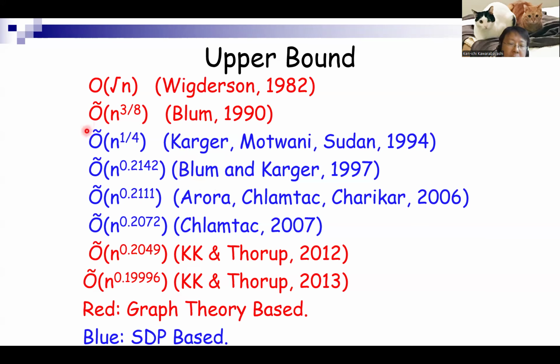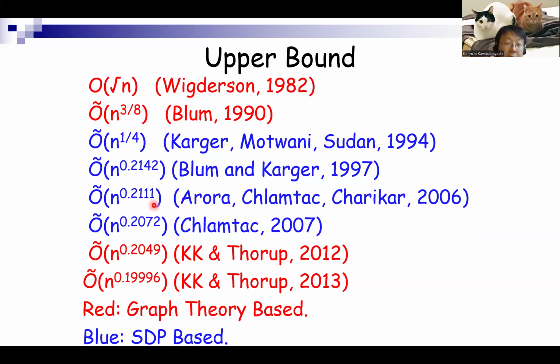After Blum's result, there are four results appearing using SDP. The first one is the Karger, Motwani and Sudan result. The tools of these results are from the Goemans-Williamson SDP result, and the Arora, Chlamtac and Charikar result.